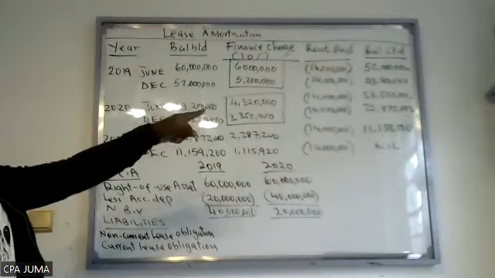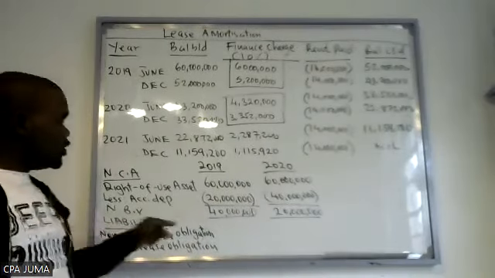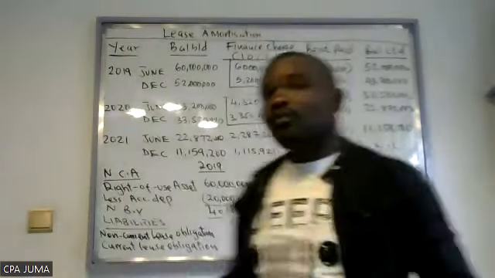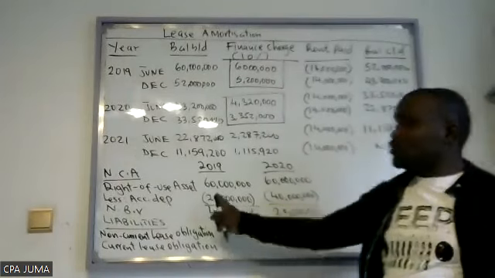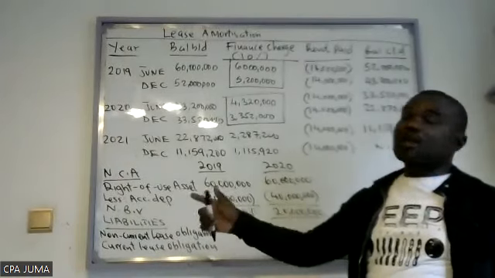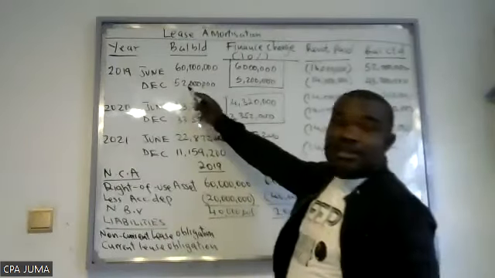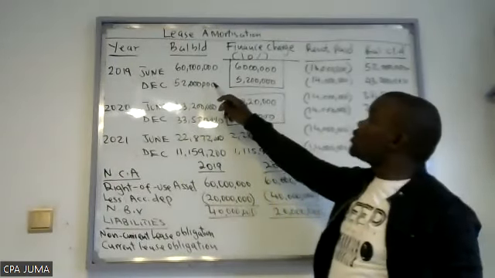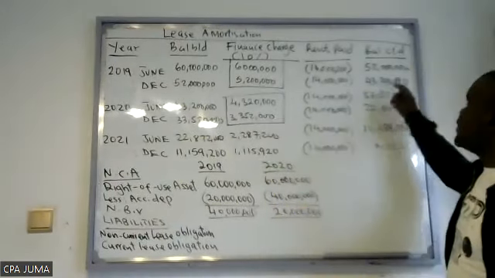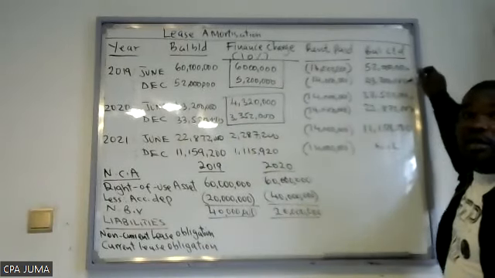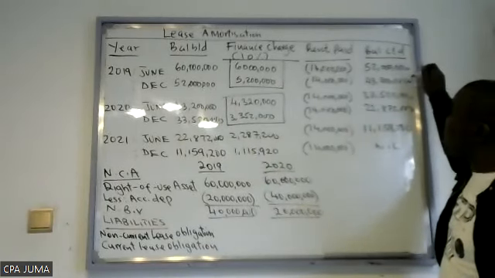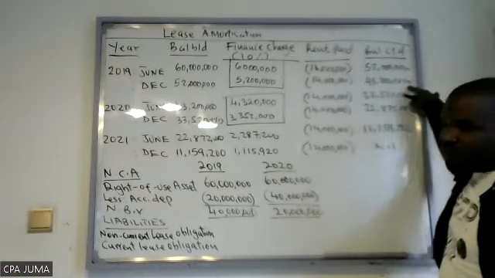So go back to our amortization table. In 2019, you know, balance sheet, you are preparing at the end of the year. So at the end of 2019, check the obligation. At the end of 2019, your obligation is this one here, 43,200. This is your obligation at the end.